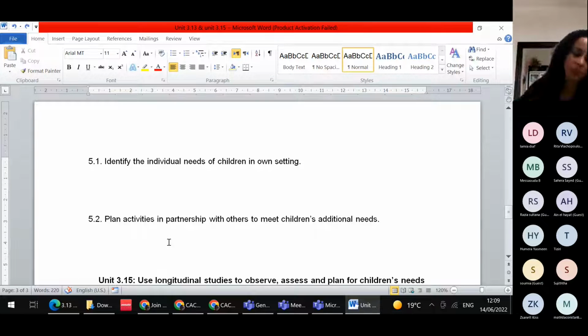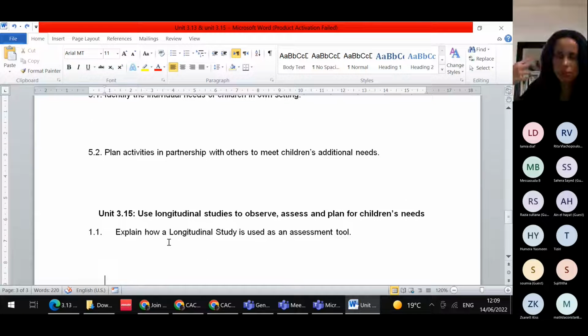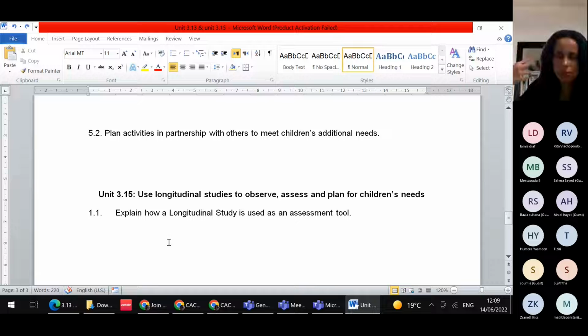For example, you can just create any activities. You can write this one, you can write any other example, up to you, but you need to say, I did that in my nursery, this is how I did it, this is how we achieved it. And then at the end, what happened? The child starts speaking normally like any other children after 4 months from giving him extra support and help.